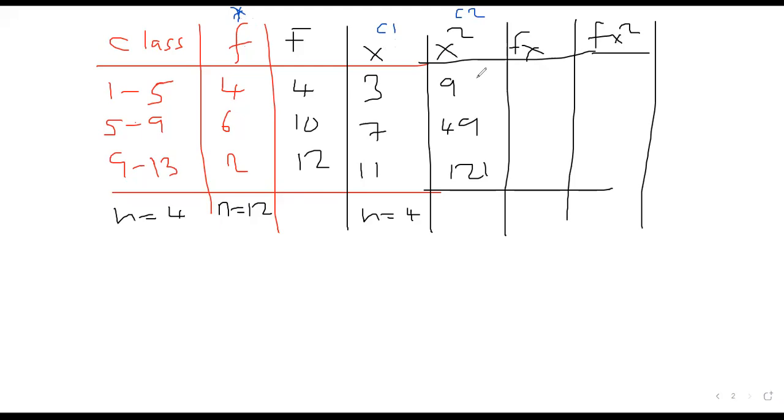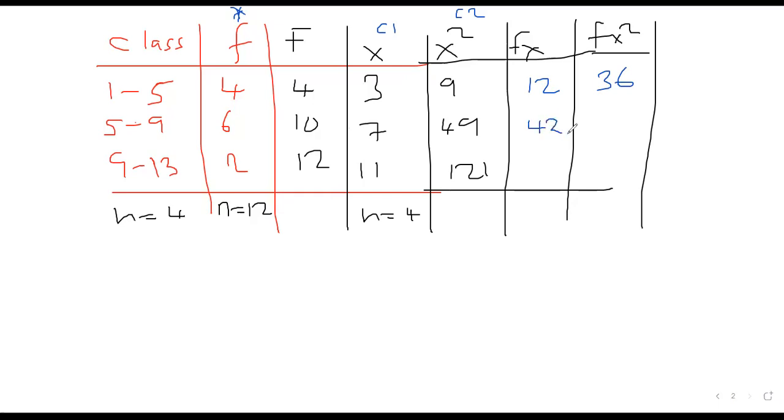So to find the fx, 4 times 3 is 12. To find the fx squared, you start from the multiplier. 4 times 9, what do we get? 36. For fx, 6 times 7, we get 42.